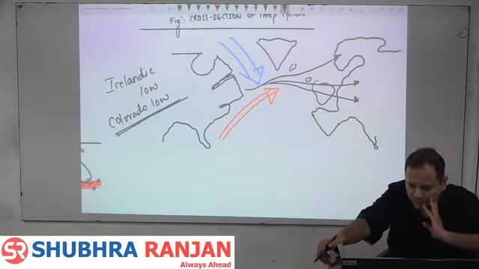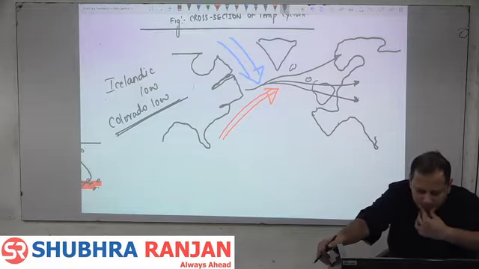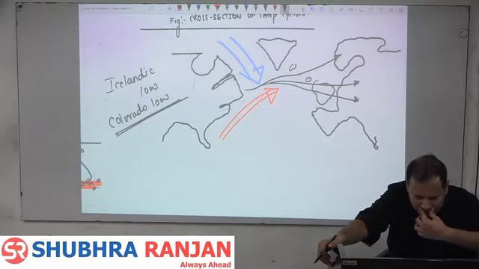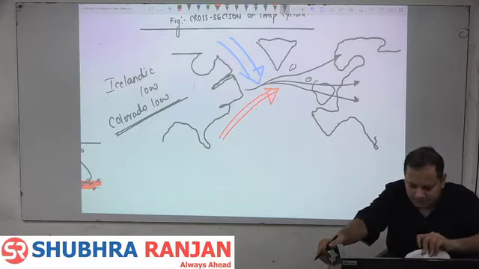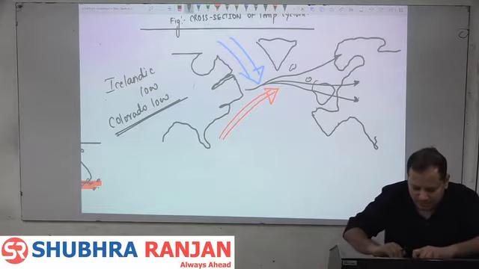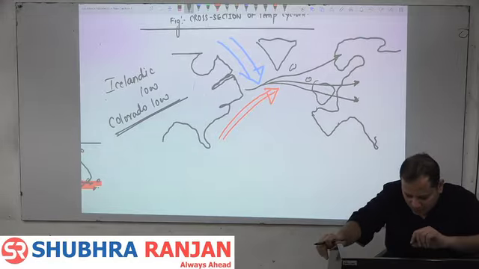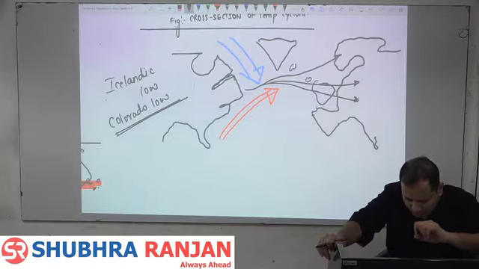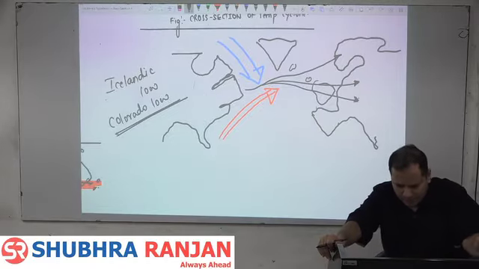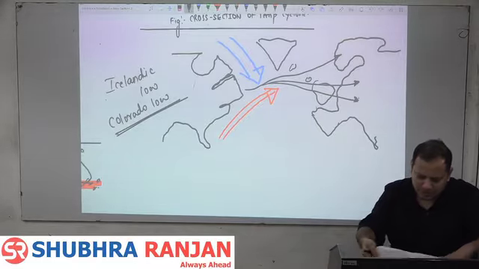Fifth, Mediterranean Sea, where the cyclones originate and reach South Asia.